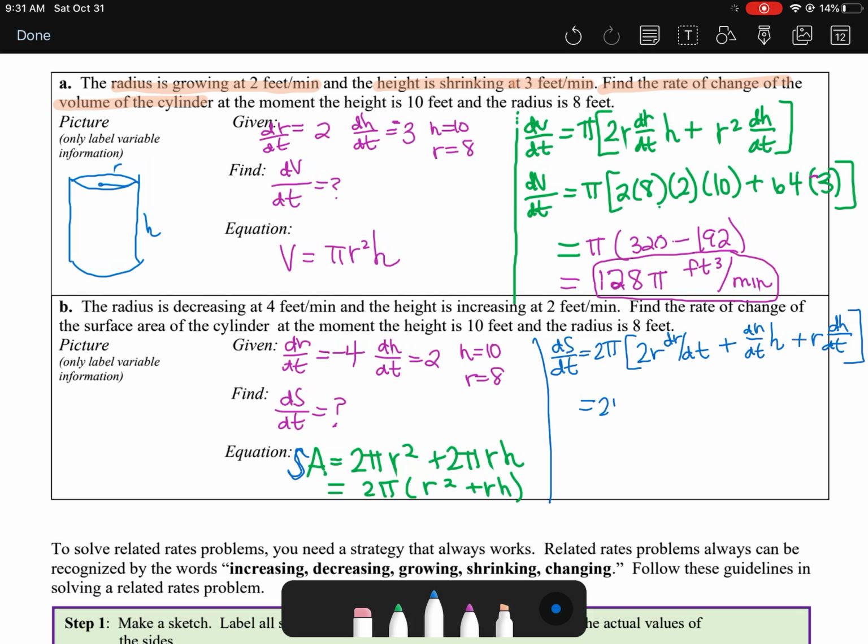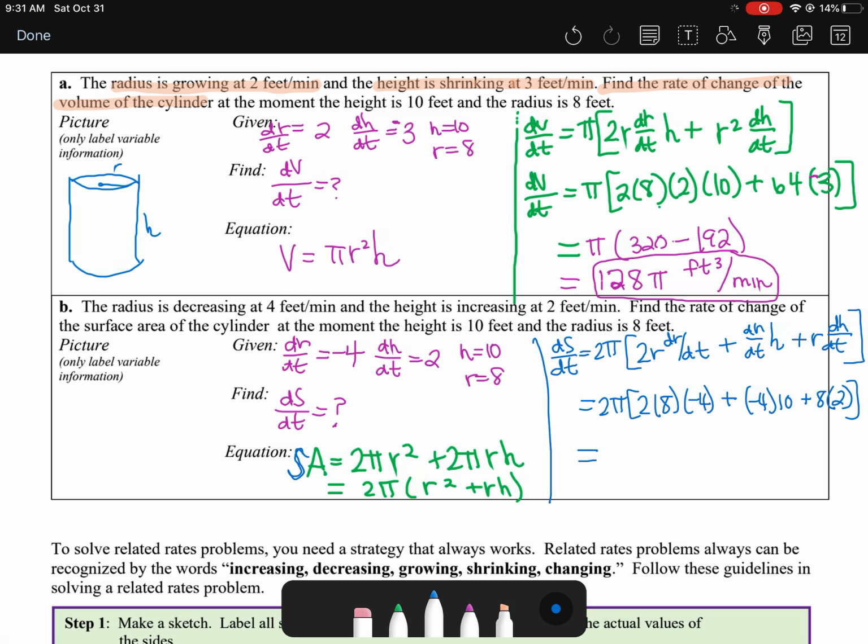And now I get to plug everything in. So I have 2 times r times dr/dt plus, again, I have -4 times h plus r times 2. Sorry about that.